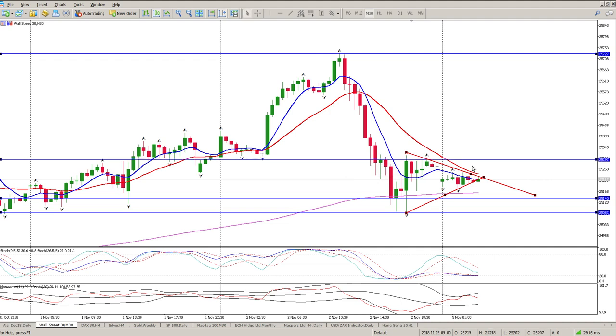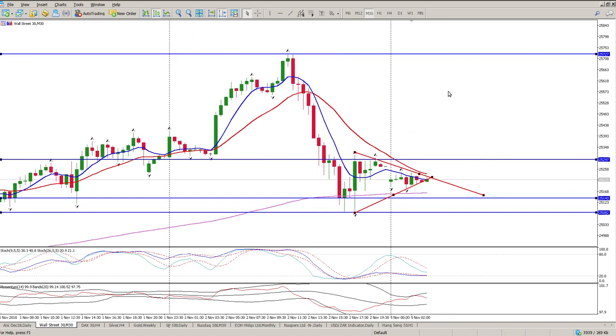That is the area you need to watch for, and I would assume that is more of a short setup. So 25,300 is what we're looking at, then 25,140 is the next level, and ultimately at the bottom 25,082. Lots of indecision at the moment, I think, is the point.